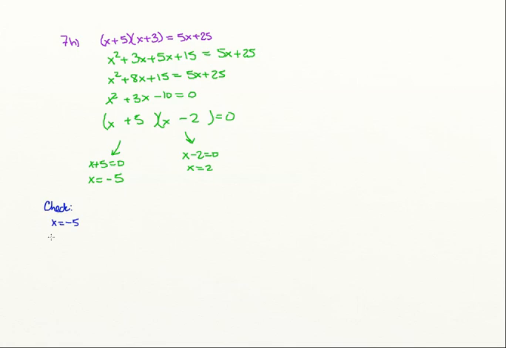I'm going to go back up to the equation. So I have negative 5 plus 5 times negative 5 plus 3 equals 5 times negative 5 plus 25. We're going to simplify. Remember, you do the stuff in the brackets first.